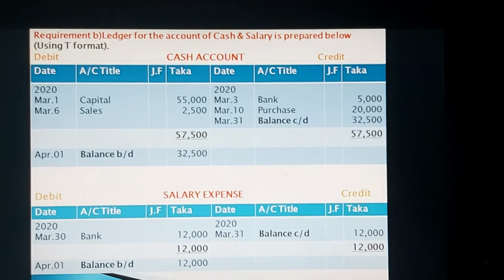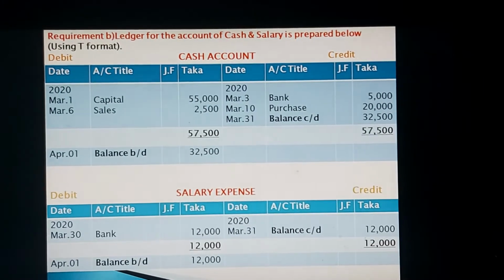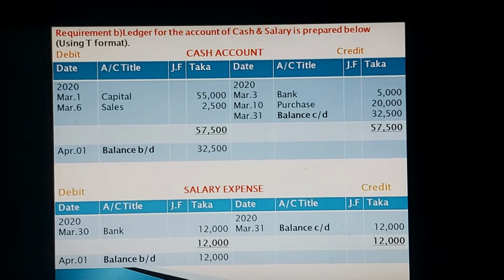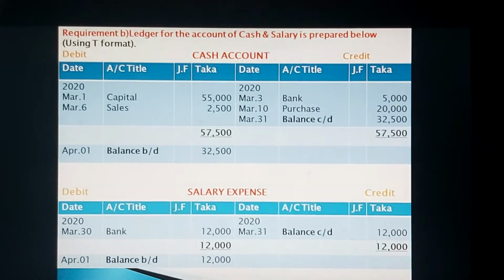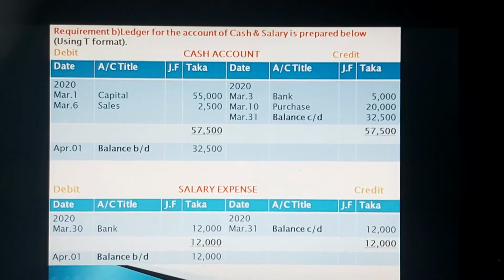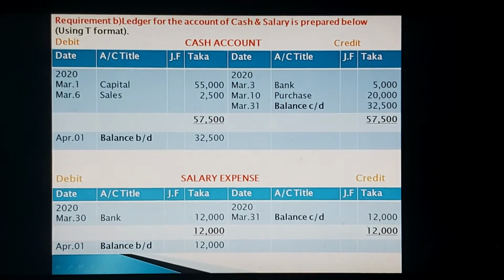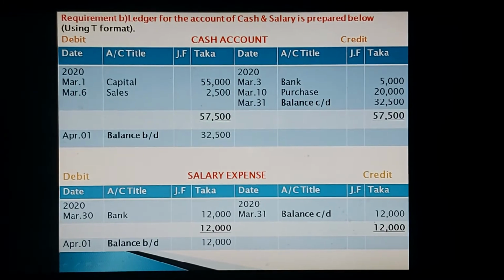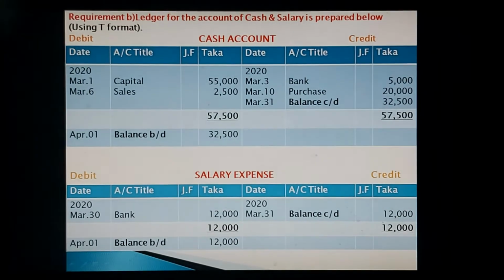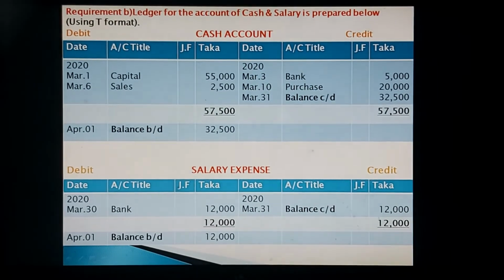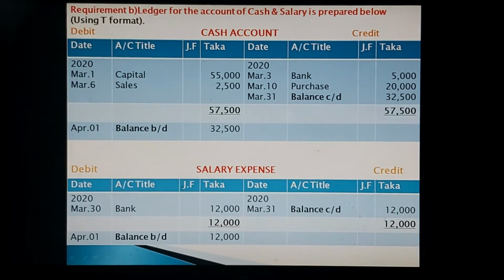And in the credit side balance c/d, you can go to the opposite side, balance b/d, on the next date of the next month. So balance c/d 32,500, you can take it easily for the next month. For the opening date April 1, balance b/d, that is balance brought down, 32,500.